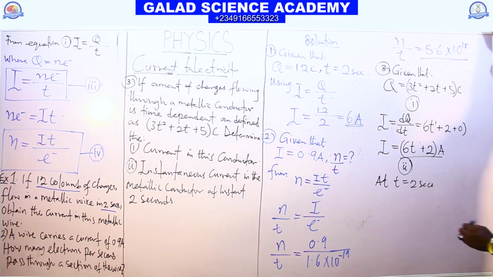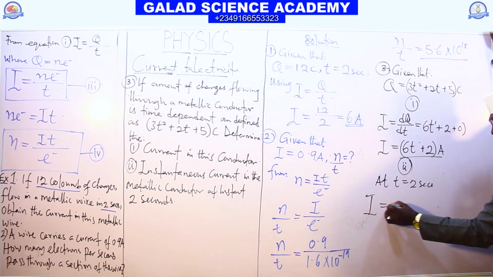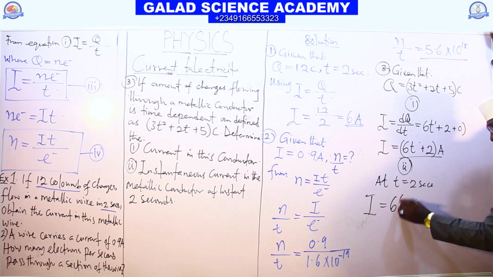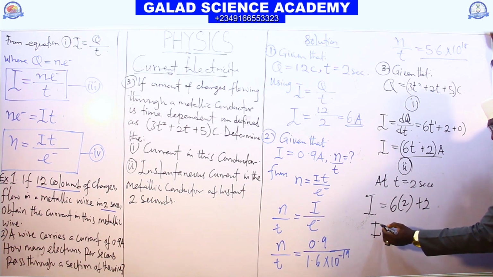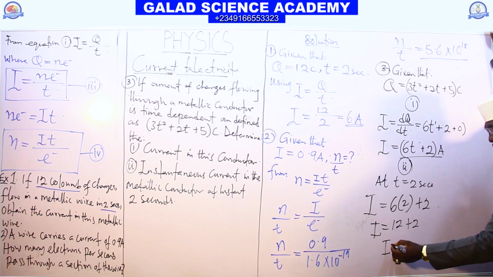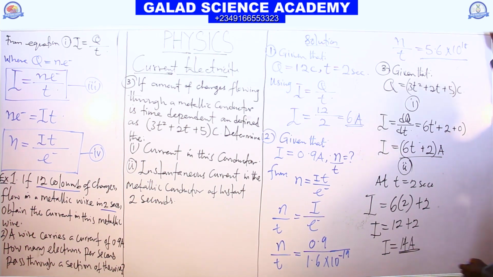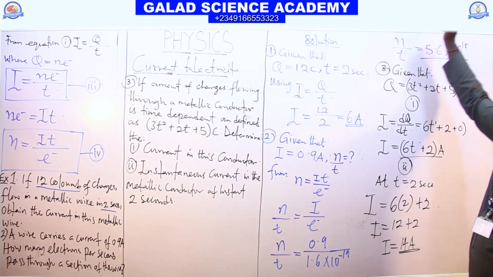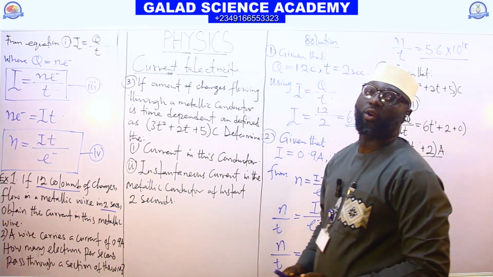Substitute for t here. What are we going to have? I should be 6 into bracket 2 plus 2. So you now have current I: 6 times 2 gives us 12, plus this 2. At the end of the day, the instantaneous current is 14 ampere. That is the solution for the questions.